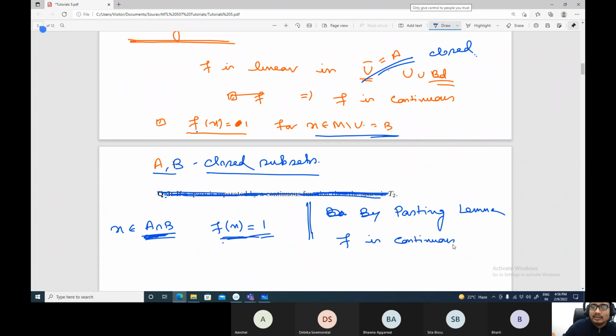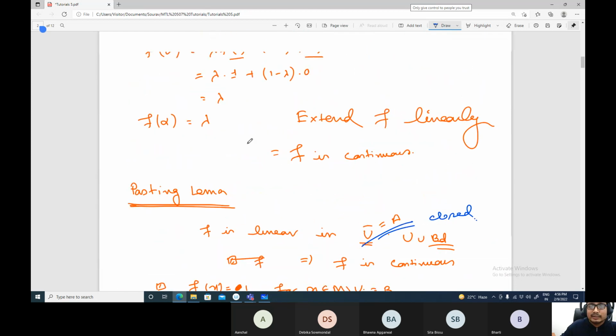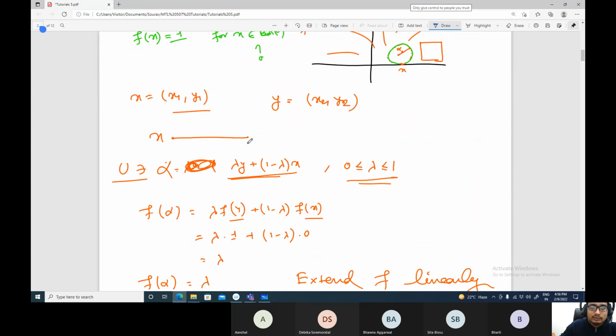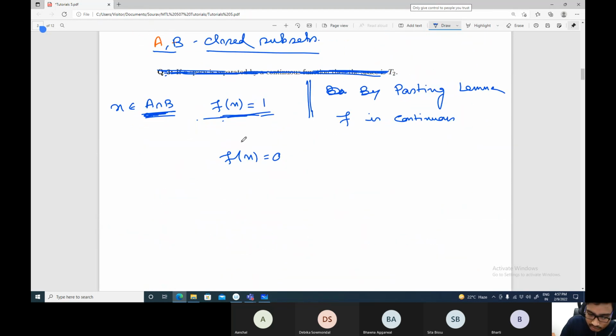So we're done, right? See, I wrote x everywhere, and I have also fixed my x, so please do not be confused about that. Let me write this one as y, or this one as z.